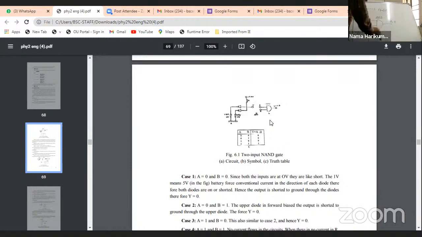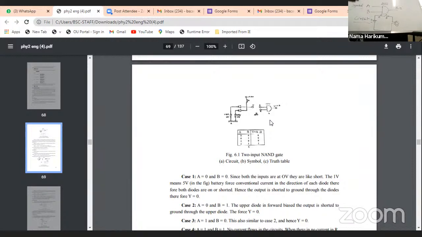The negative terminal we have to connect to the LED bulb, and the positive is also connected to the LED bulb. In the positive terminal, we have to use two input signals, that is A and B. Two terminals we have to use, A and B. Right, this is a physical circuit.